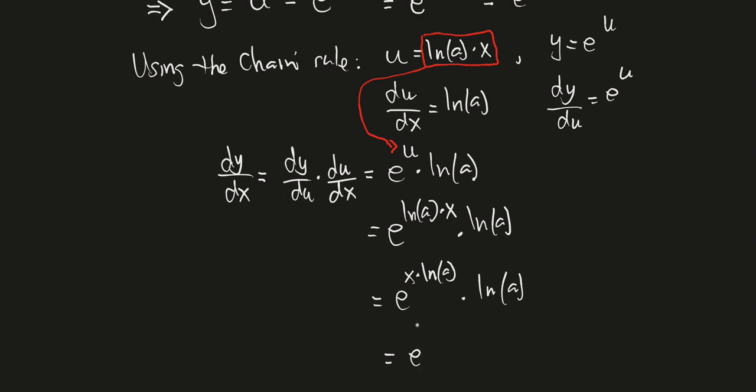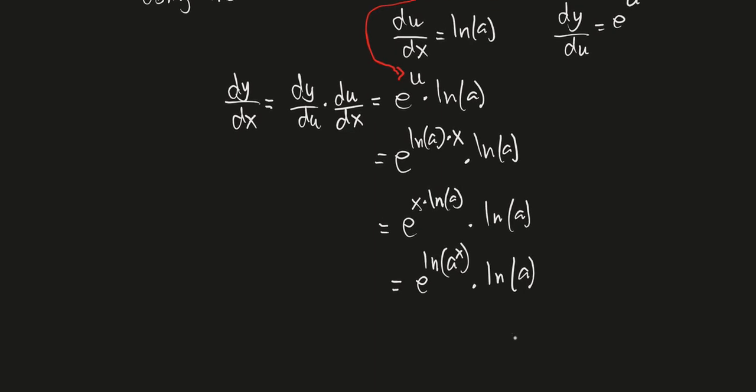So we'll have e to the natural log of a to the x times the natural log of a. And again, use the fact that e and ln are inverse functions, so we end up having a to the x, but then times this natural log of a, right? And that's our derivative. So this is now the derivative of the exponential function a to the x. So we get back the a to the x, which is not surprising, but then we end up having this extra constant here because we now have a different base.